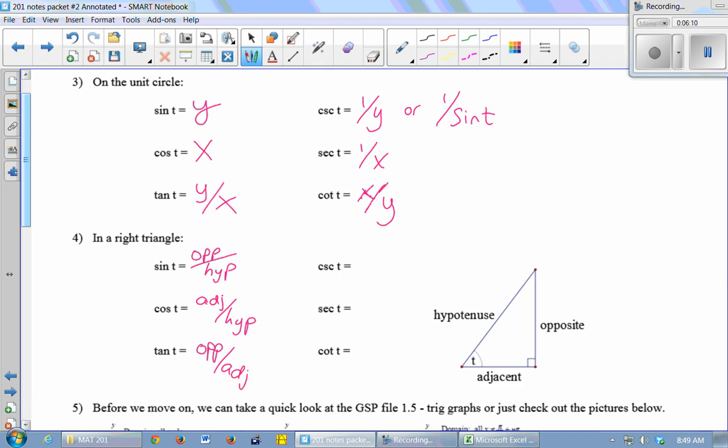Cosecant, secant, and cotangent are the reciprocals of sine, cosine, and tangent, respectively. So just flip the fractions: hypotenuse over opposite, hypotenuse over adjacent, and adjacent over opposite. We're going through this pretty quickly. Hopefully it's review.